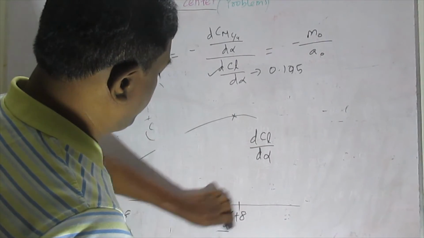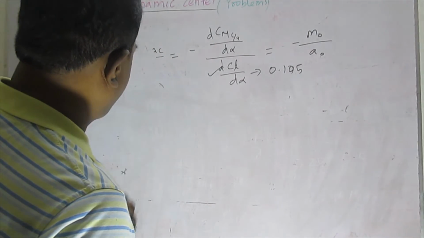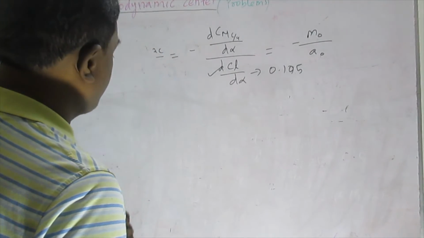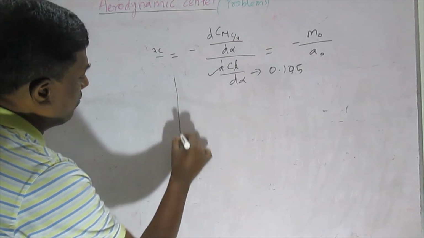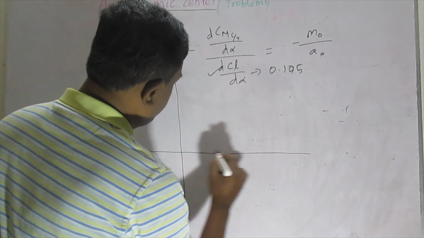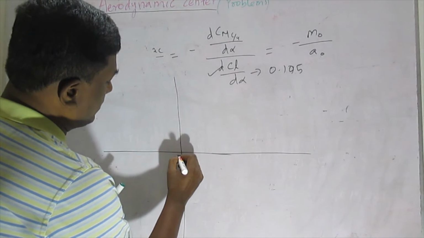Similarly, for dCM at quarter chord point by d alpha, we have calculated that value from this graph. This graph has no reference given, so we can take it as the reference 0.